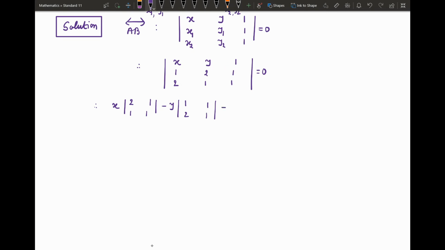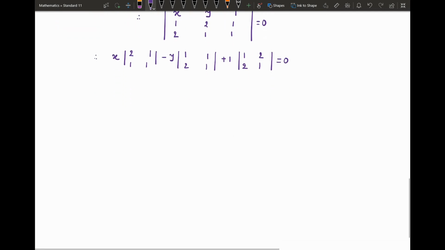Now plus 1 into 1 2 2 1 equal to 0. So this is using the method of expansion of a 3 by 3 determinant. Now x into 2 minus 1, we know how to evaluate a 2 by 2 determinant, minus y into 1 minus 2 plus 1 into 1 minus 4 equal to 0.